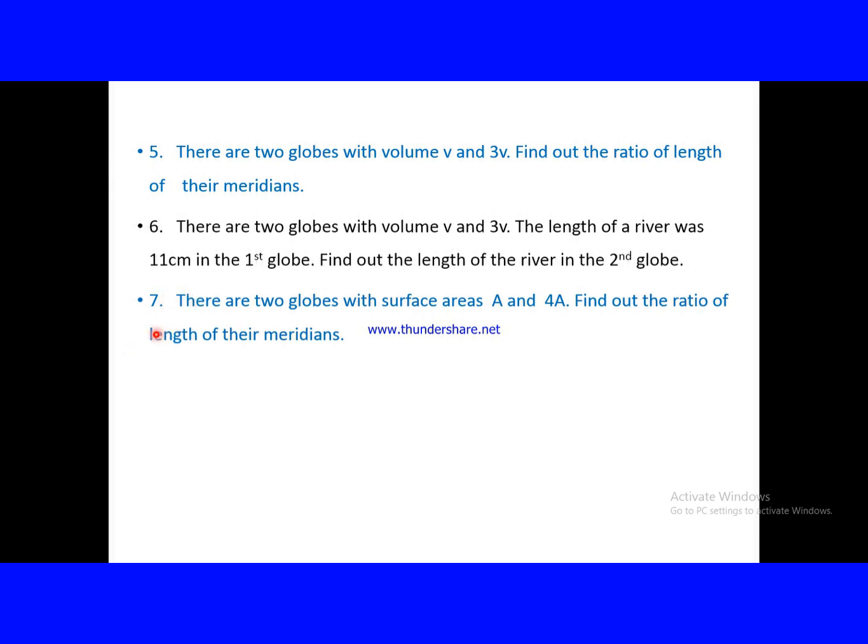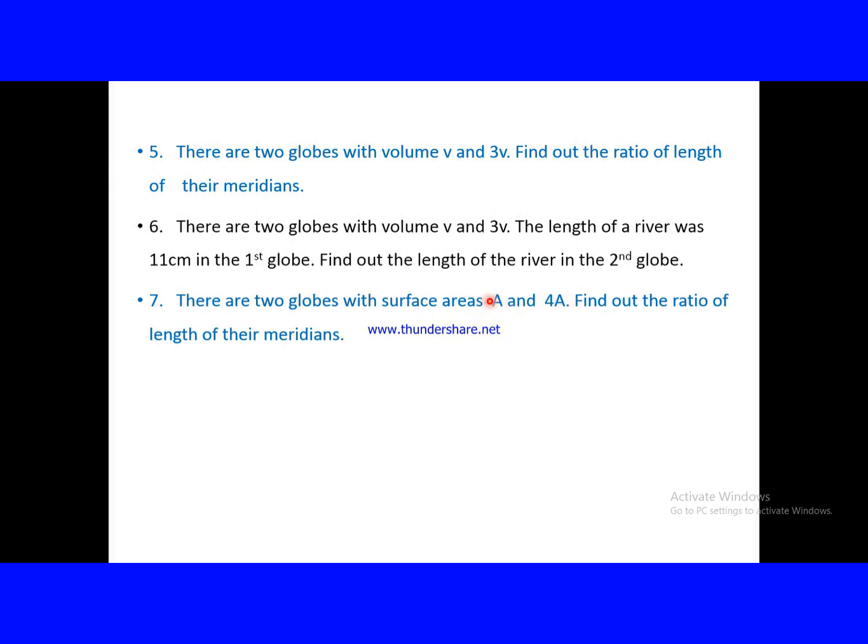The seventh question, there are two globes with surface area A and 4A. Find out the ratio of lengths of their meridians. Surface area ratio is 1 is to 4, but what is the ratio of length of meridian?